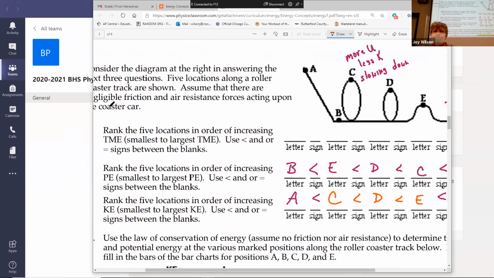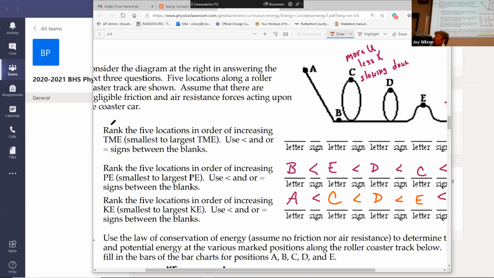Okay, so what's true about the total energy? Nick thinks they're all equal. Yes, I do too. A and B are definitely. Yeah, because all the potential turns into all kinetic. Do we have friction?